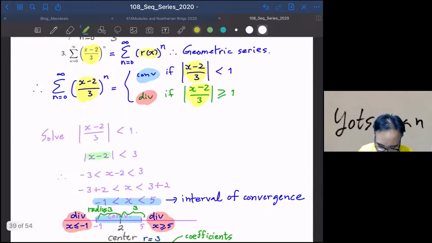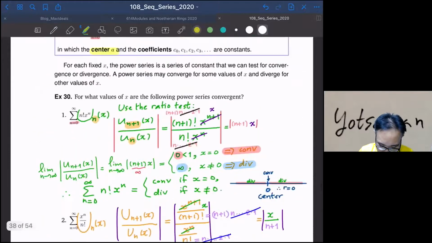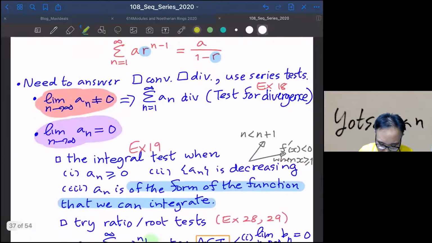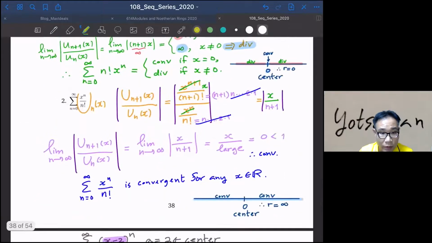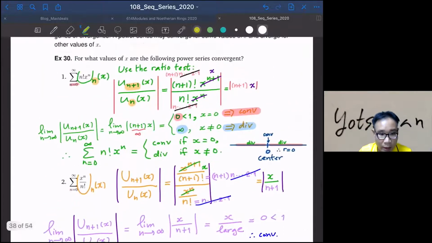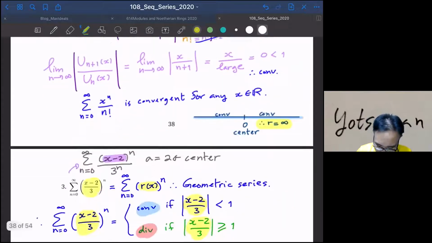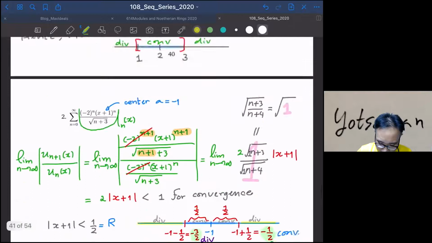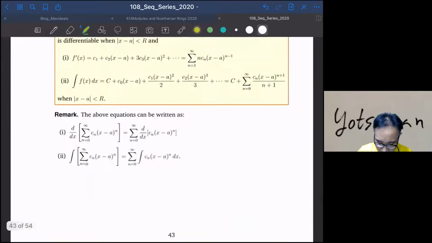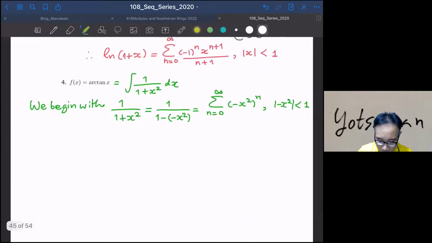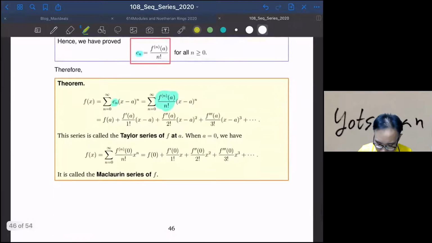In 11.8, we have the first example that has x^n over n factorial, example 30, number 2. So you see that the radius of convergence turns out to be equal to infinity in that case. So we're just going to answer, by example 30, number 2, the radius of convergence is equal to infinity.